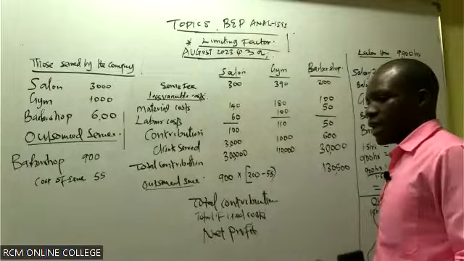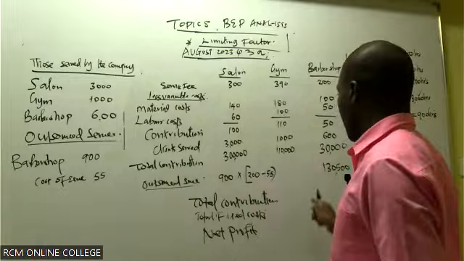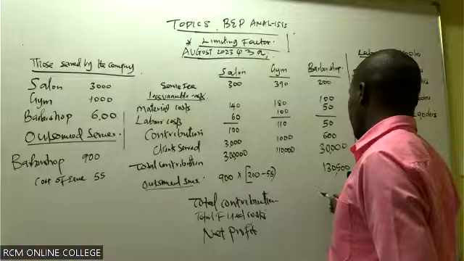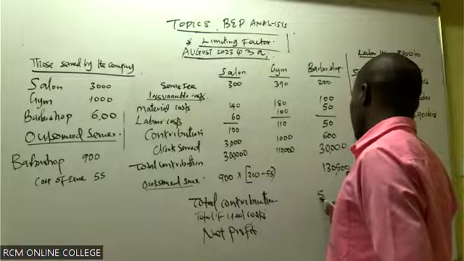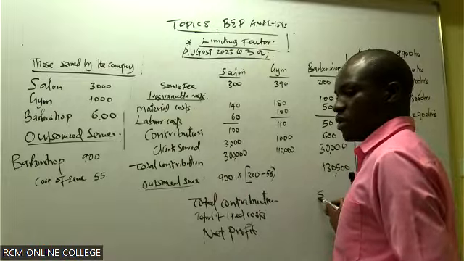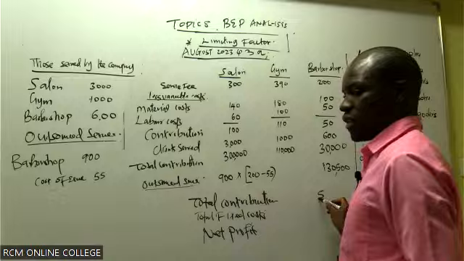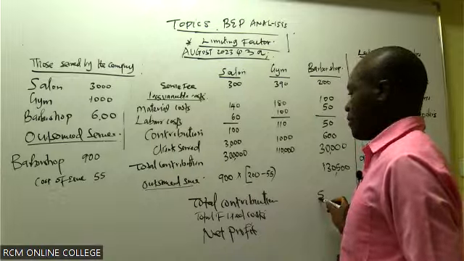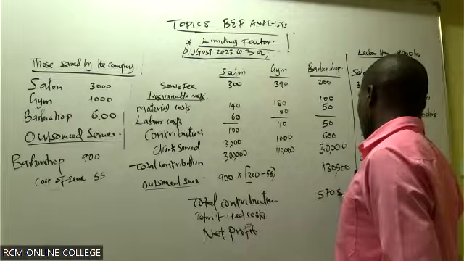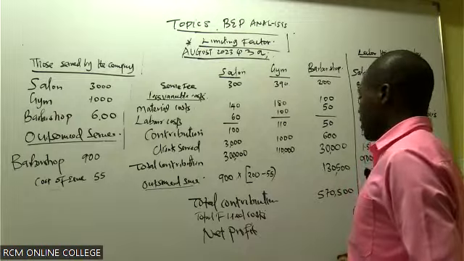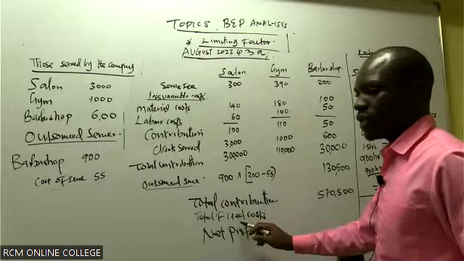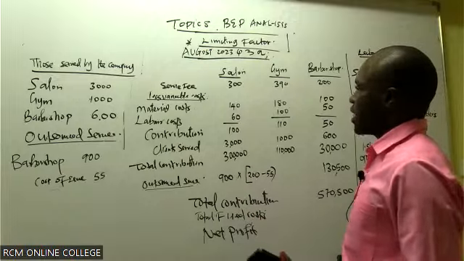So when we add everything, here we had how much? Here we had 570,500 less total fixed cost. Can we remember our total fixed cost as per the question?